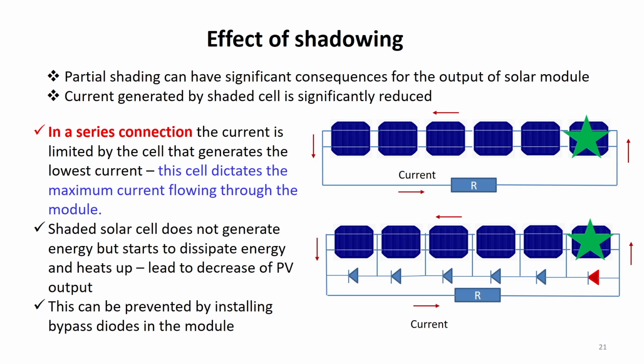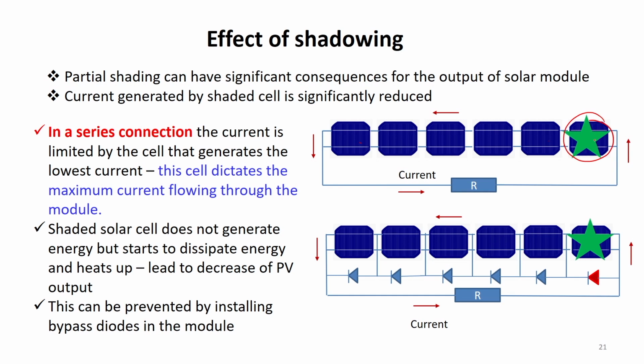About shadowing, the partial shadowing can have significant consequences for the output of solar modules. The current generated by shaded cell is significantly reduced. So, for example, if these cells are connected in series and this cell is covered with a leaf, that means shadowing effect, shadow is falling on these cells, then what will happen?